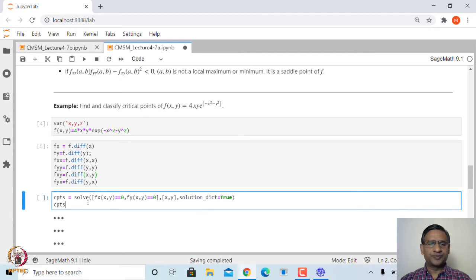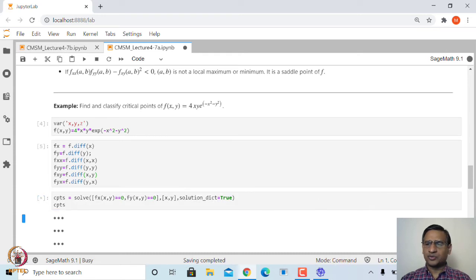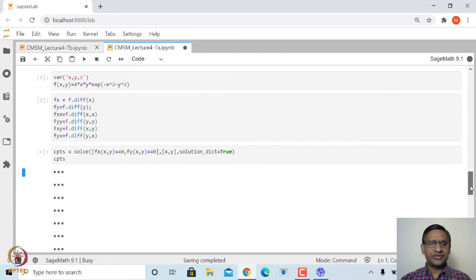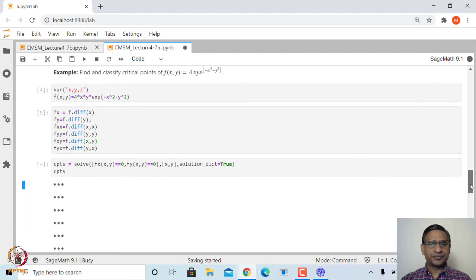So, it will give you a solution as a dictionary. Let us run this. Once you run this, it may take some time depending upon the function and the complexity of that function.